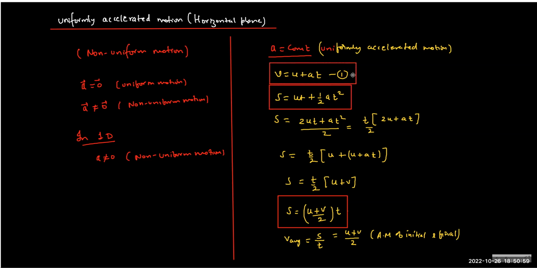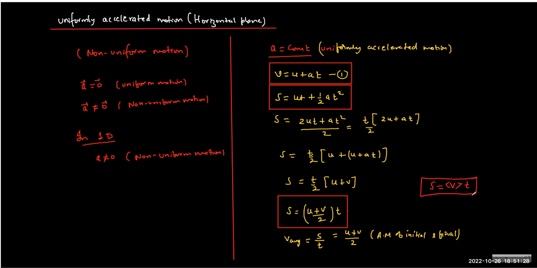Now the benefit is the first formula of displacement involves acceleration, but the second involves the velocity only. And many times you will be knowing the initial and the final velocity. You can use this formula to get the answer directly. So there is a third definition, that the displacement we can also write as average velocity into time.